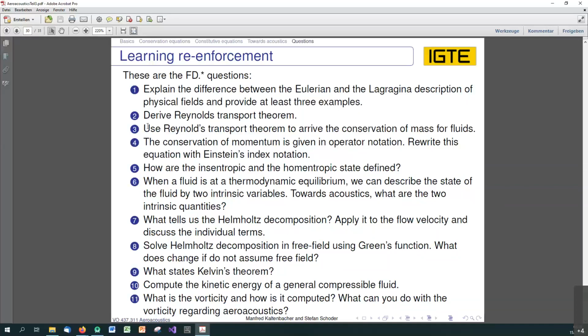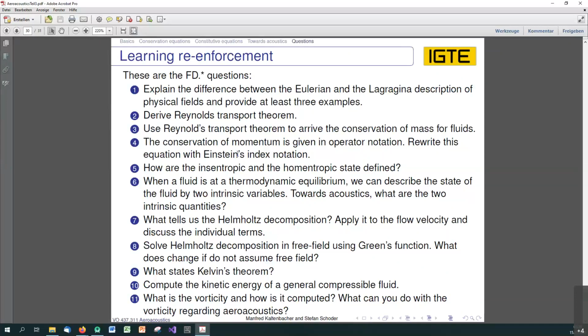You also have to answer the third question: use Reynolds transport theorem to arrive at the conservation of mass for fluids. It's more or less what we will cover in the next 10 minutes. Then the fourth question: the conservation of momentum is given in operator notation.